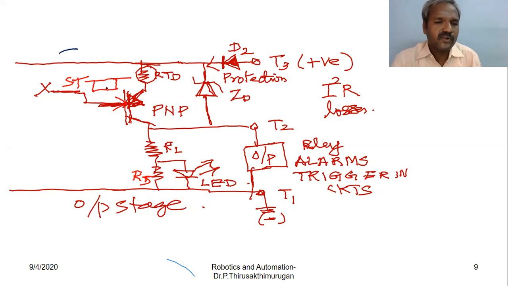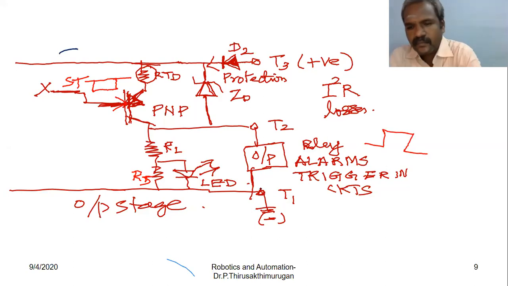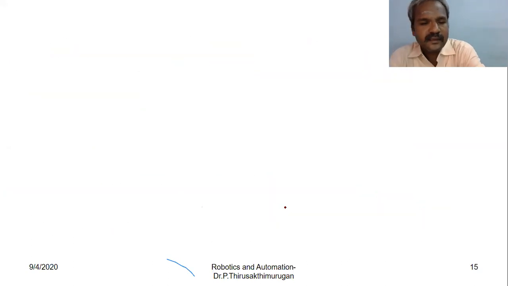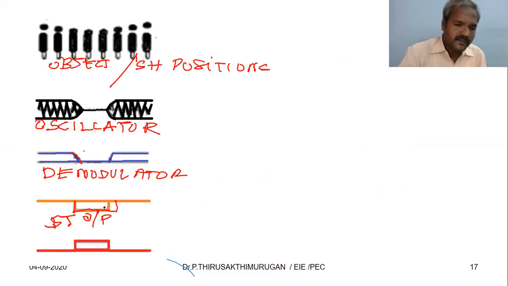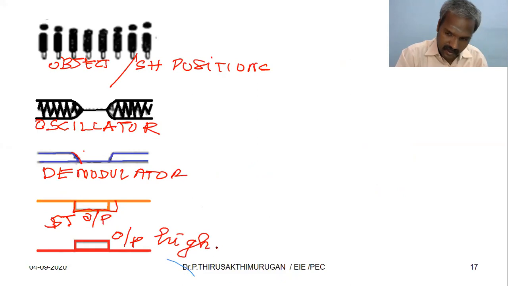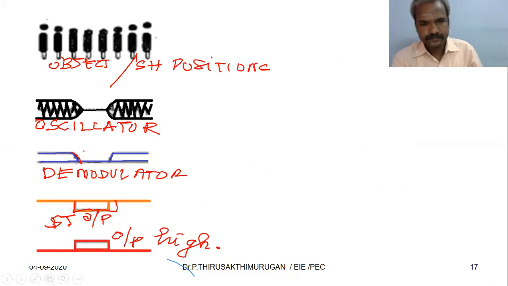When the Schmitt trigger goes low, the output goes high. This is the output stage. So output is high. Clear? Understand? This is the typical operation of an inductive proximity sensor.